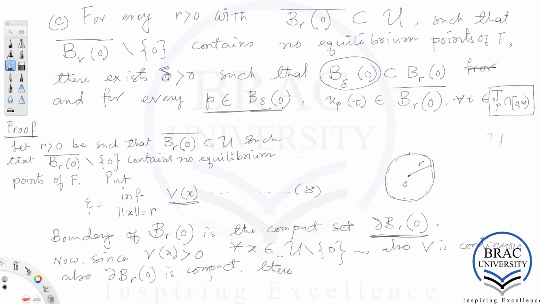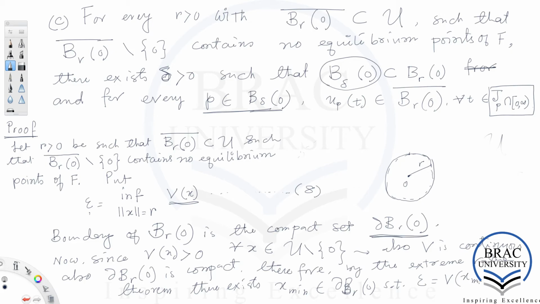Therefore, as we have already discussed, by the extreme value theorem in the context of metric space, there exists a point on the sphere, which we denote by x min, such that epsilon is equal to, this infimum is achieved, V of x min, and that has to be greater than 0 from the definition of V. So this concludes that epsilon is strictly positive.